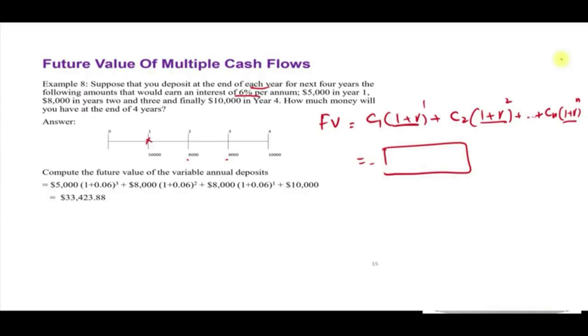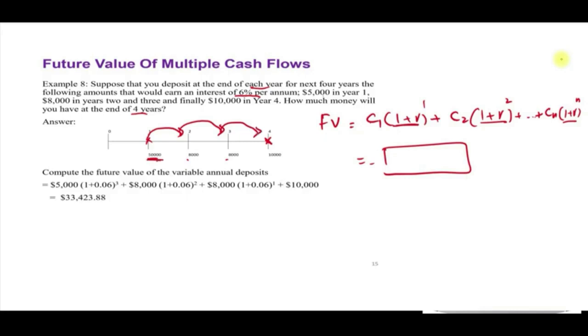So these are your payments. How much money will you have at the end of 4 years? At the end of 4 years we need to find the future value. So first of all, we need to take this value to year 4: period 1, period 2, period 3.